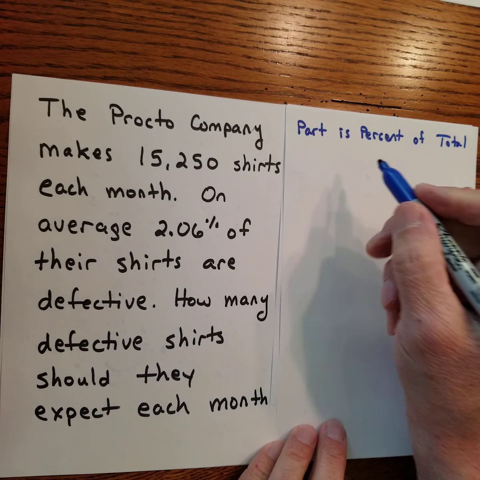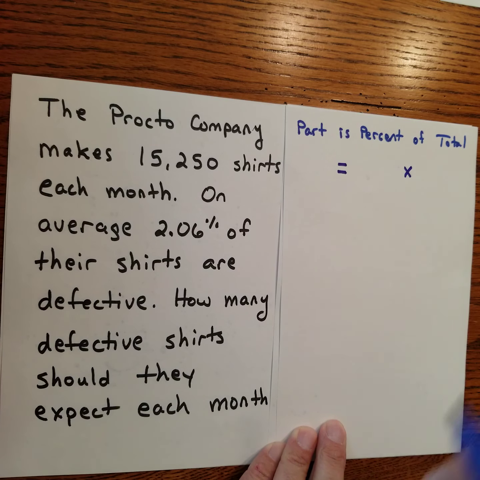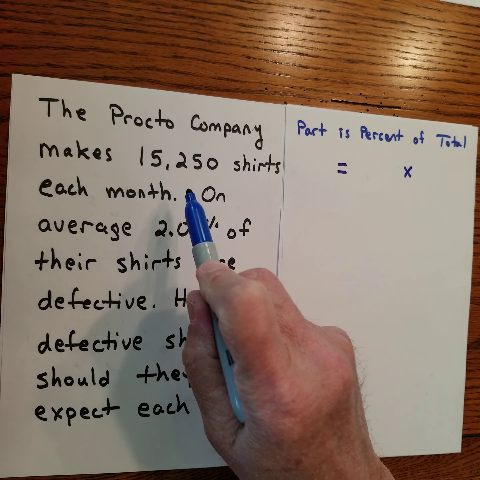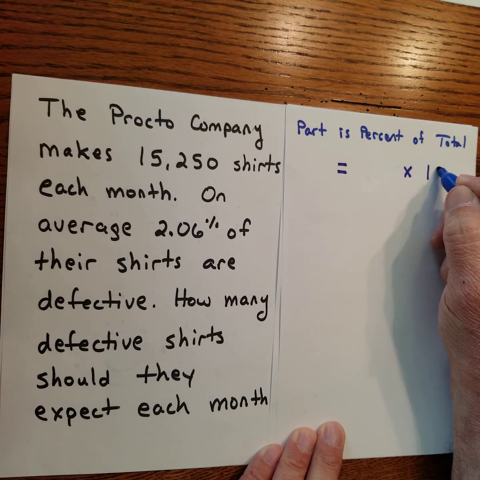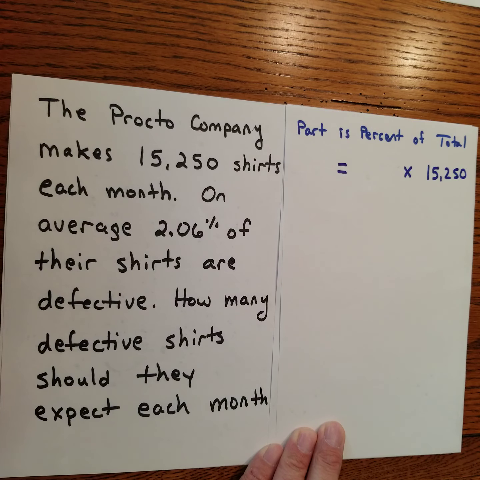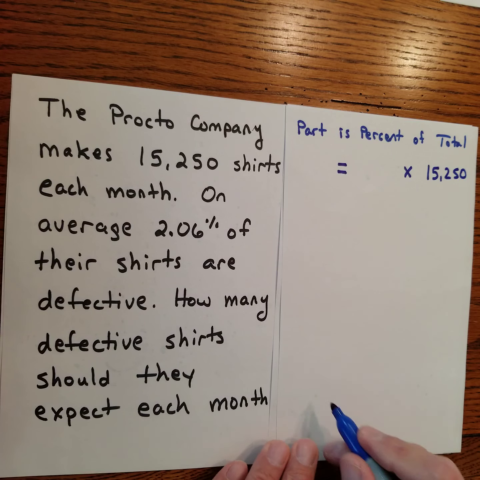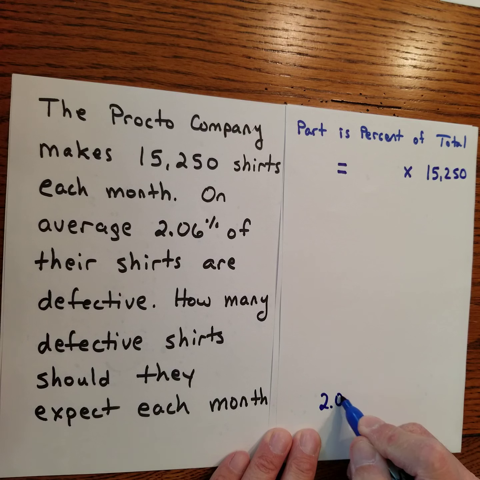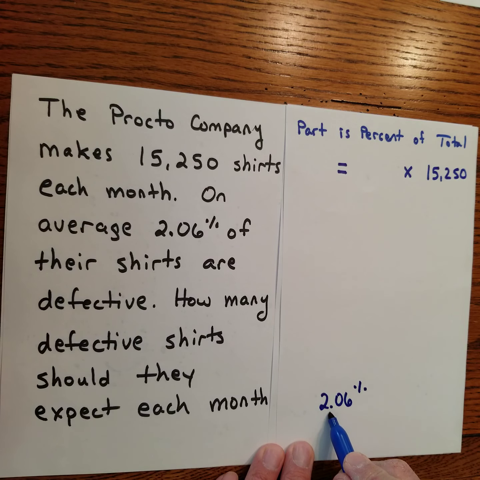Let's fill in the formula. Is equals, of is times. The 15,250 shirts, that's all the shirts they make. That's the total. 2.06% of the shirts are defective, but we should change 2.06% into a decimal.